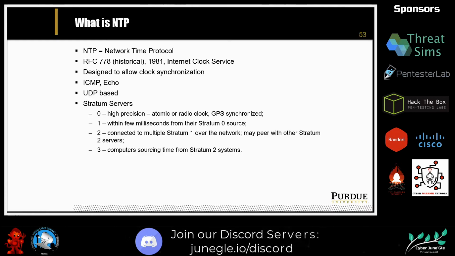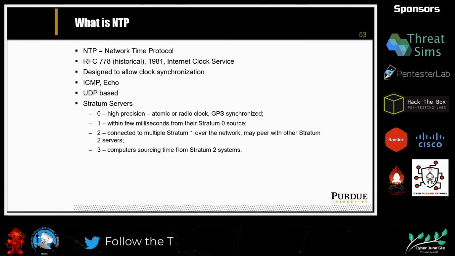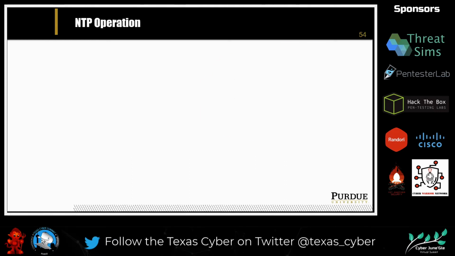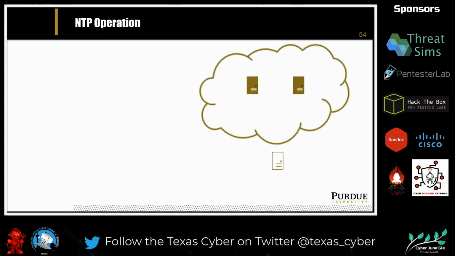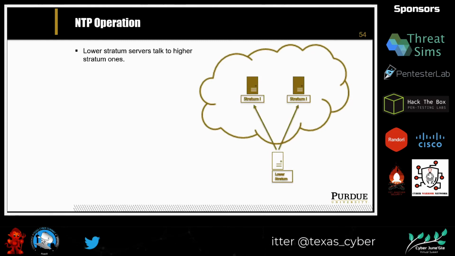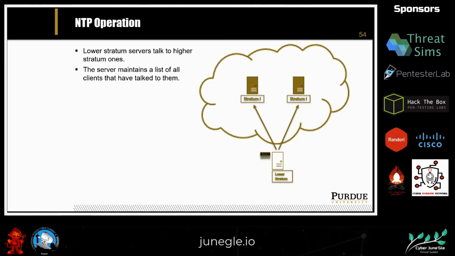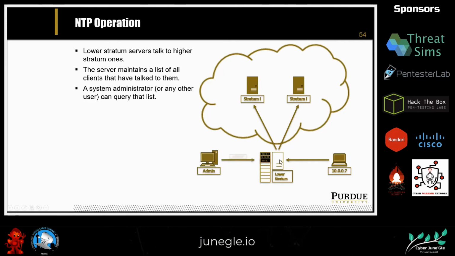Okay, so NTP reflection. A very similar situation because it runs over UDP. Here, the difference in logistics is that we have basically the notion of those stratum servers, different stratum. So the lower the number is, the closer they're to more precise time, more accurate time. And then we have a workstation here.